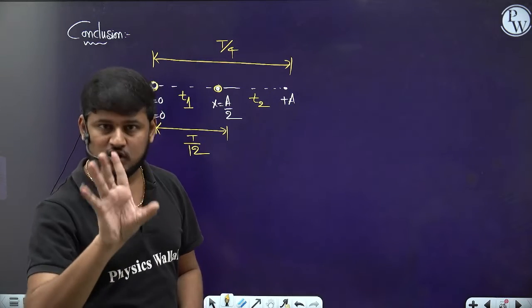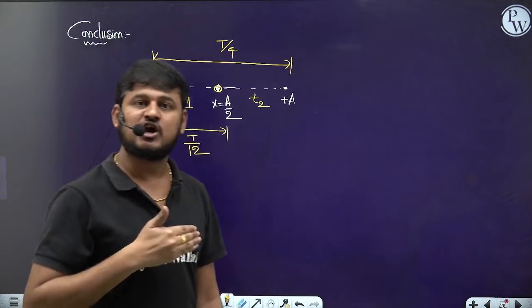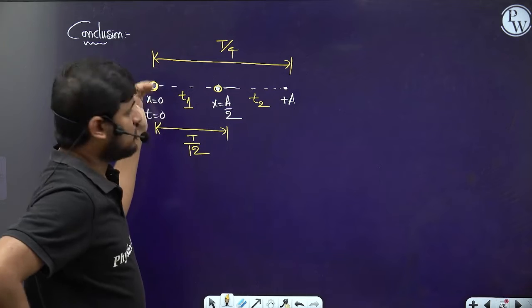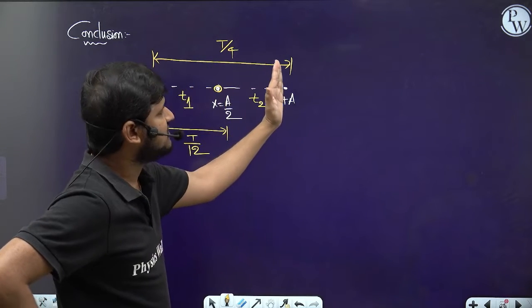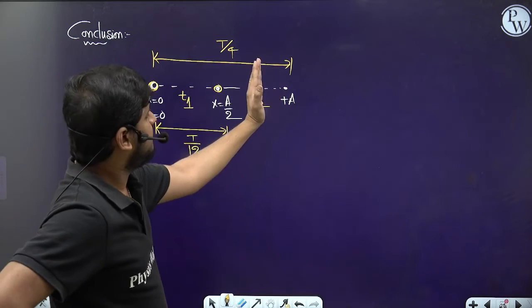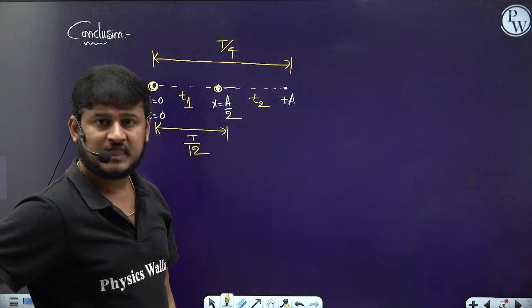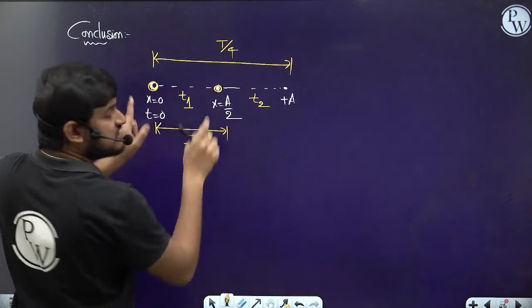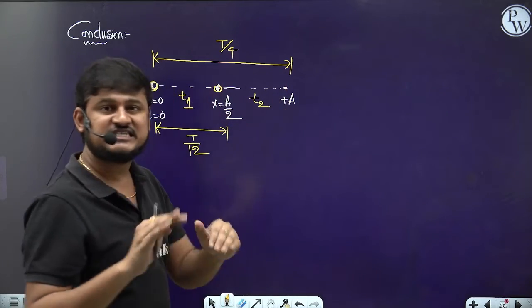No, because from the mean position to the extreme position, the velocity decreases. Near the mean position the velocity will be more, and it decreases, and when it comes to the right extreme position, the velocity becomes 0. So in this period it takes less time, and here the velocity is less, so it takes more time.